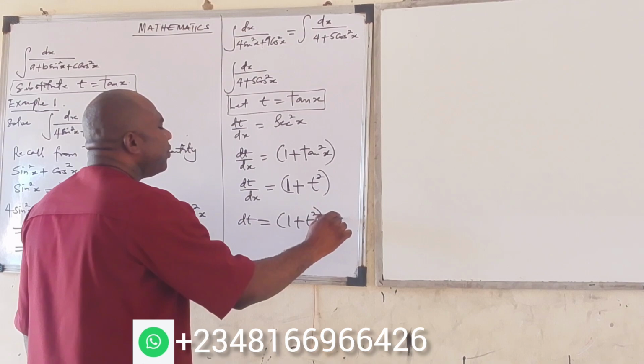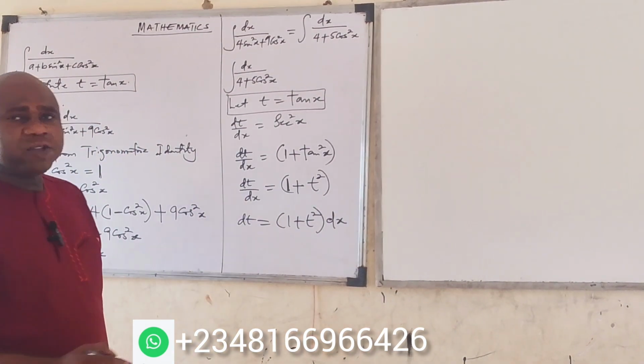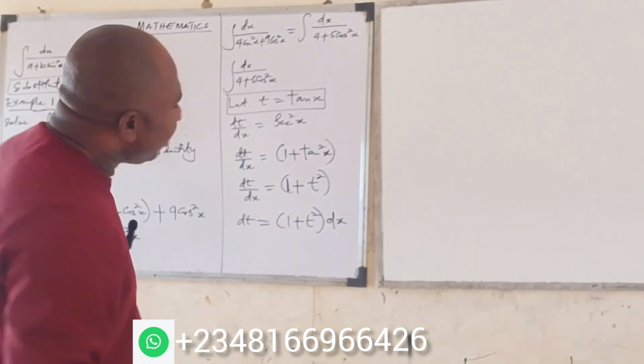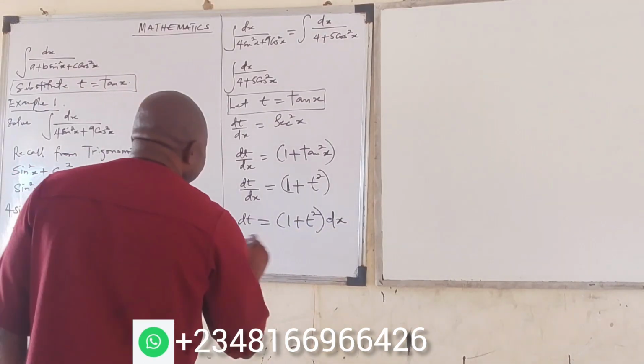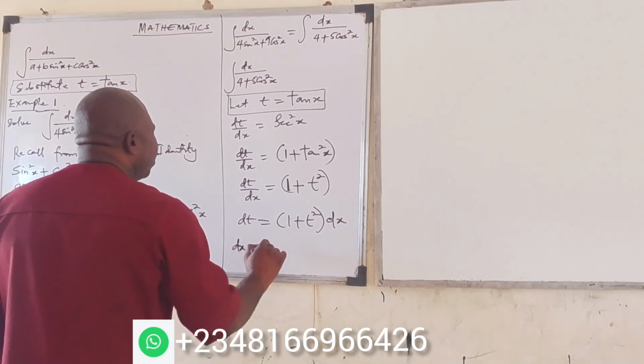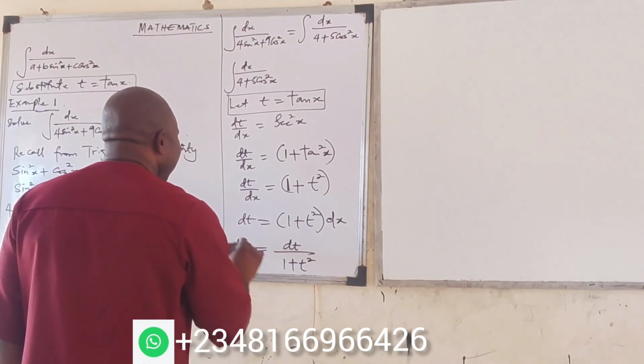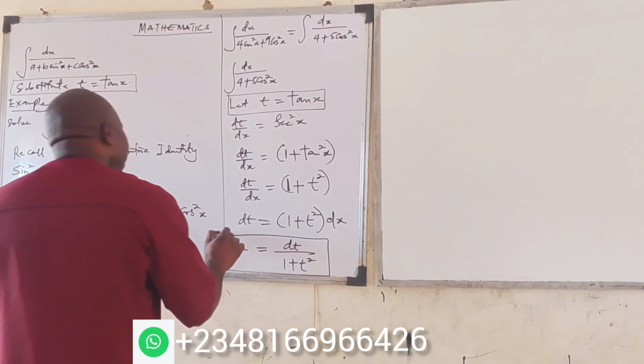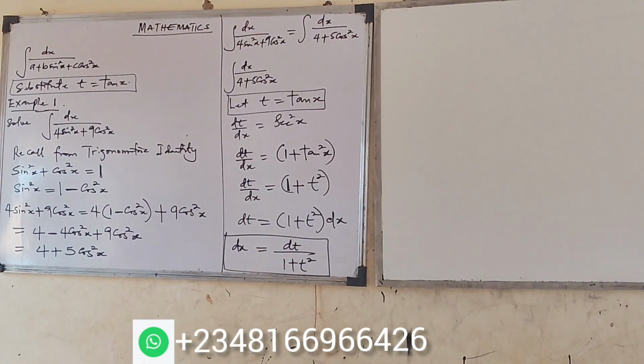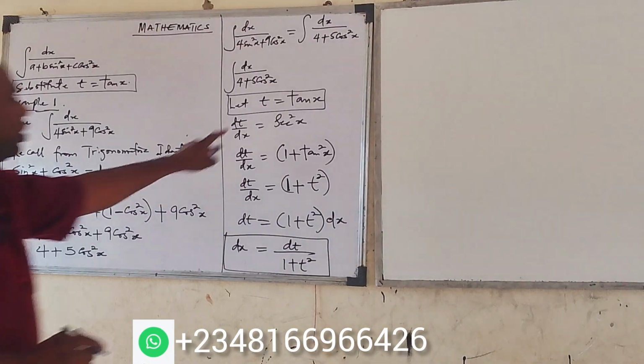Making dx the subject, dx is equal to dt over 1 plus t squared. Please let's take note of this: dx is equal to dt over 1 plus t squared.